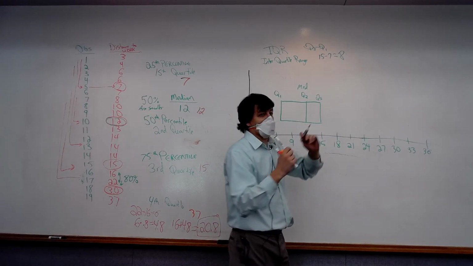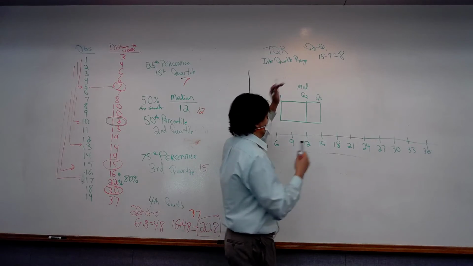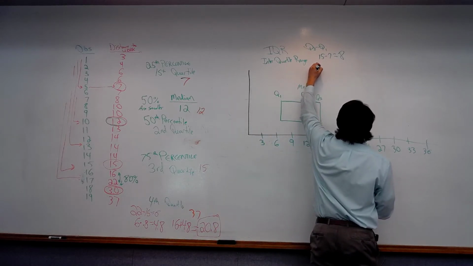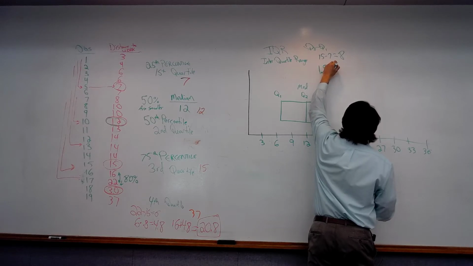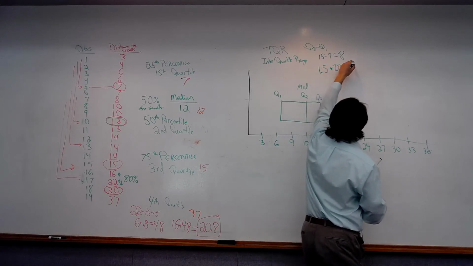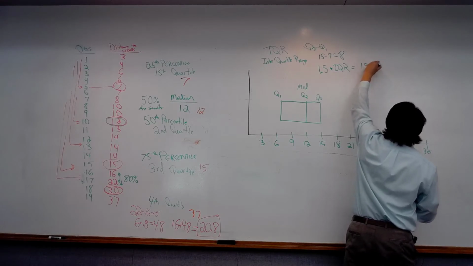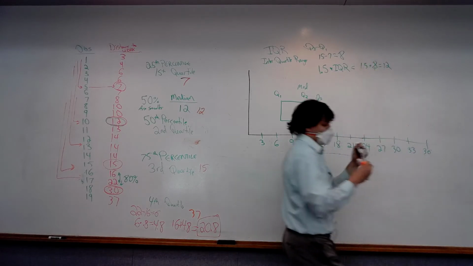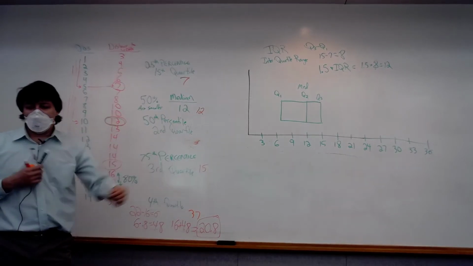So the whisker length, we're going to build a whisker shooting out in both directions. The default is going to be 1.5 times the IQR. In our case, that's 1.5 times 8, which is 12. So our whiskers are going to be length 12.